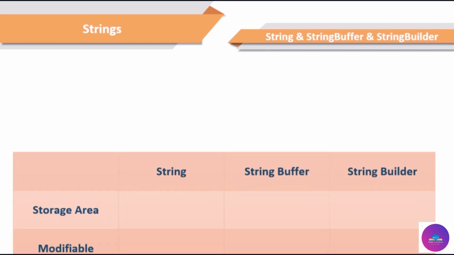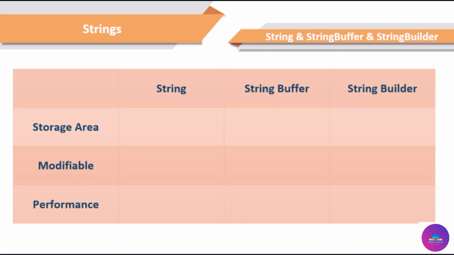So let's have a look at the differences between string, StringBuffer, and StringBuilder. The string object is stored in the string pool, but StringBuffer and StringBuilder objects are stored in heap.